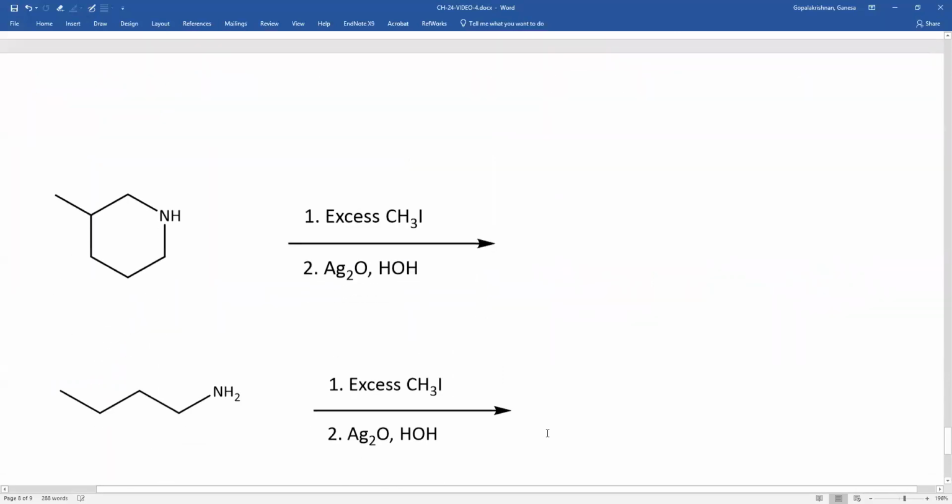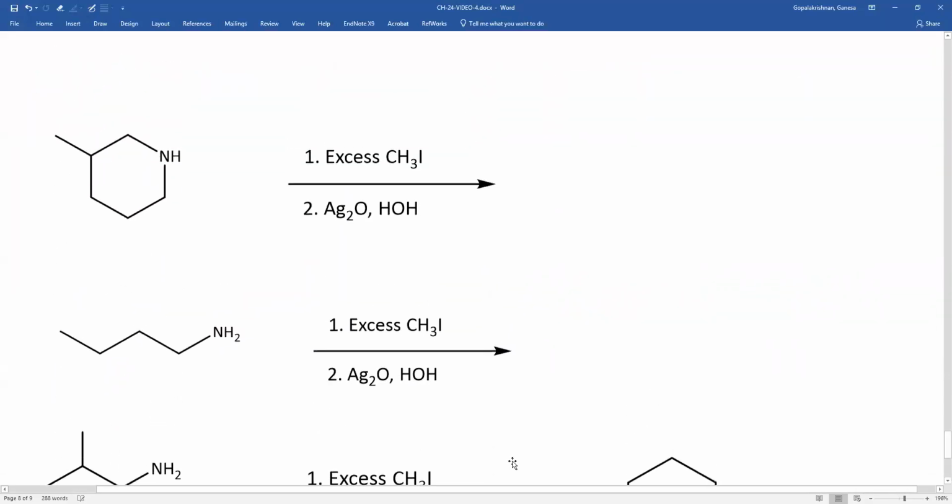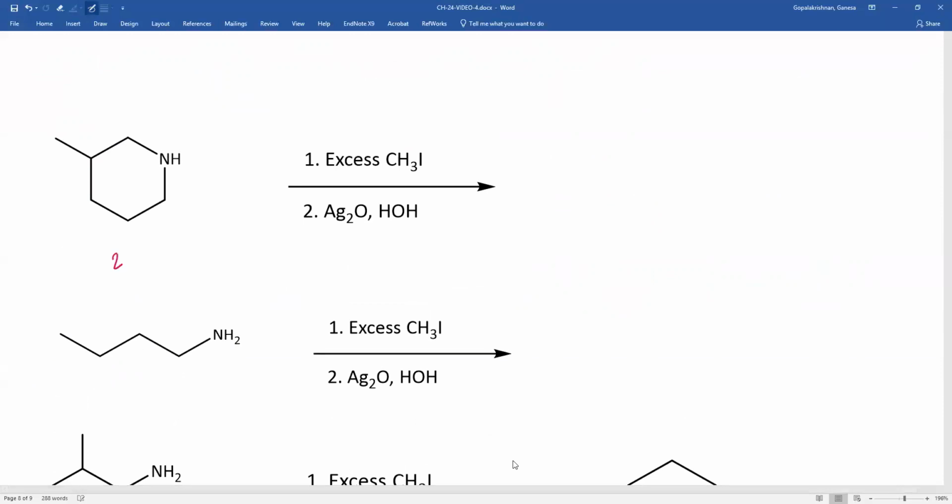So problems here. I have a secondary amine. So in this case, this is an alpha, this is beta. This side, this is an alpha, this is beta. So this side of beta is less crowded. So this will actually become the alkene. Remember that, less crowded.